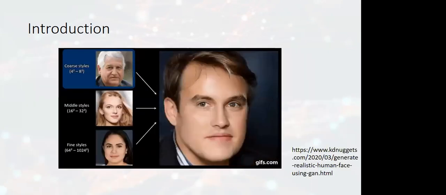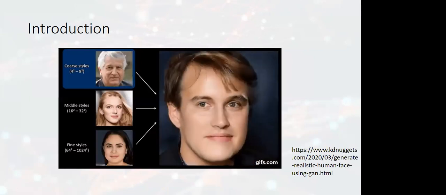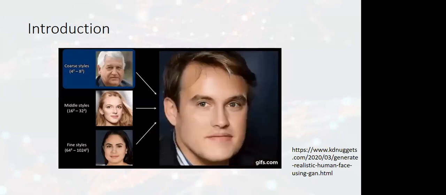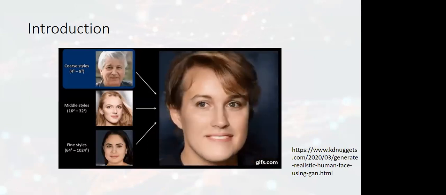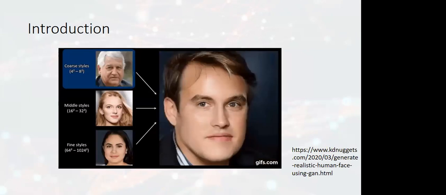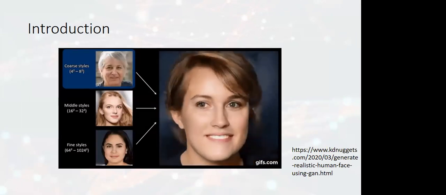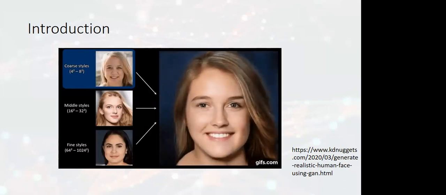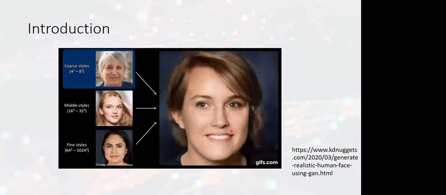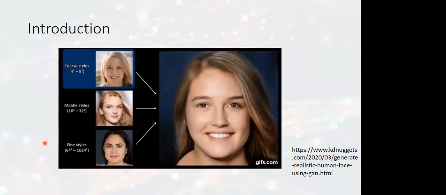You can do a lot of interesting things using GANs. One of the common things is probably interpolating between different samples which you are feeding into the GAN model. I bet you must have seen something like this, which looks really cool. Here they are basically decomposing the facial features into three different types: coarse styles, middle styles, and fine styles.